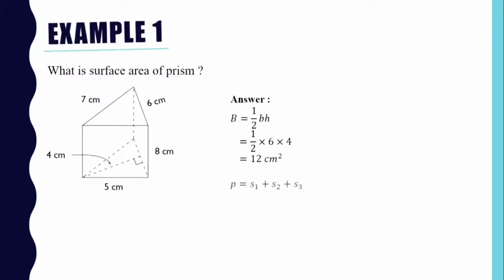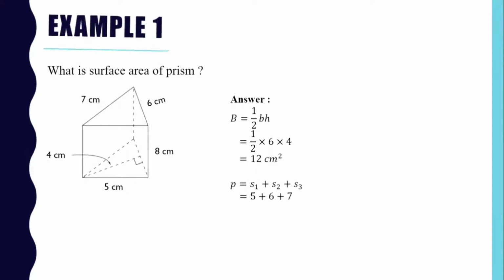And then the perimeter of the triangle is side 1 plus side 2 plus side 3 equals 5 plus 6 plus 7 equals 18 centimeters. And from the picture, we get the height of the prism is 8 centimeters.